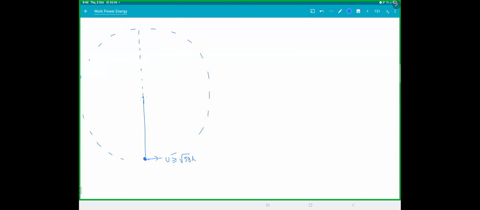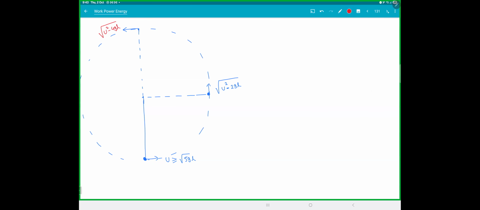Then when you're at this position, your speed will be root over u square minus 2 gl. At the topmost position, your speed will be root over u square minus 4 gl.